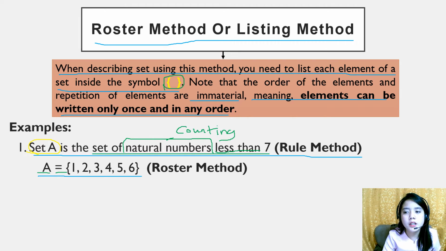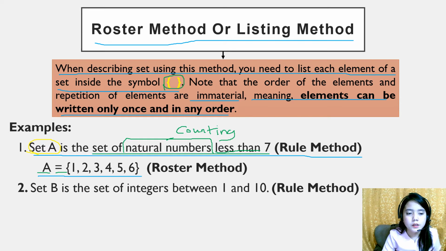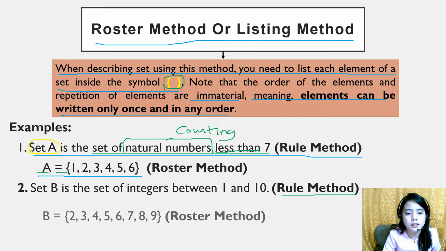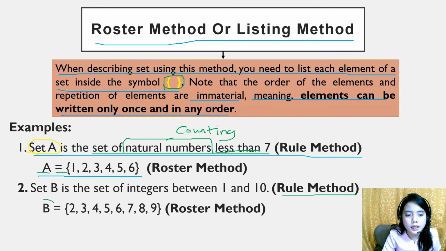Okay, let's have another one. Set B is the set of integers between 1 and 10. That is for the rule method. Unsaon daw siya pagsulat kung roster method? Okay, you write the set, capital letter B, equal sign, brace, and then unsa man ang mga integers.